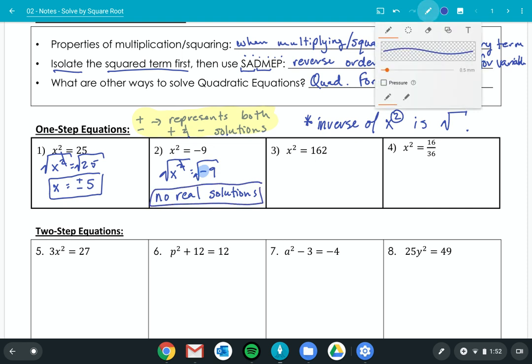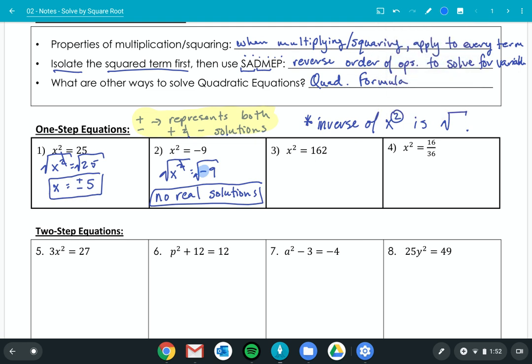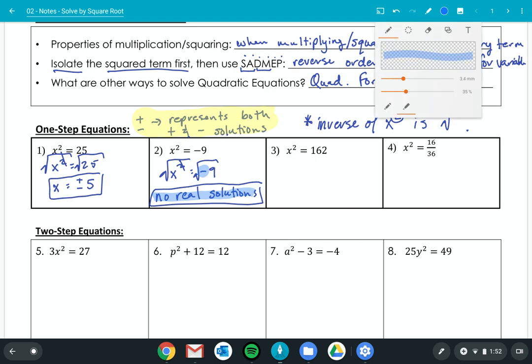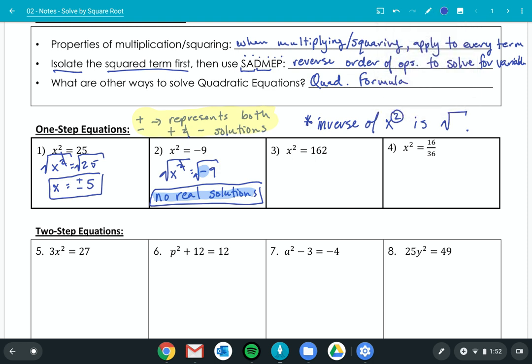And this is going to be our answer every time we take the square root of a negative number. Okay? We can't square root a negative.